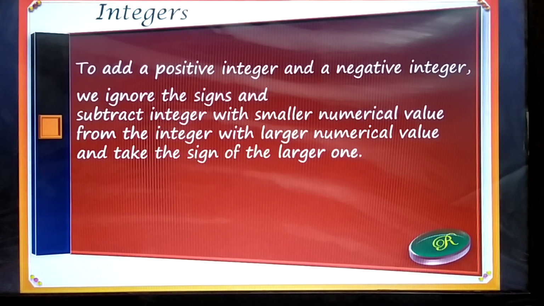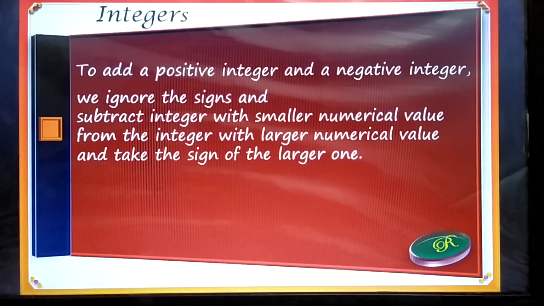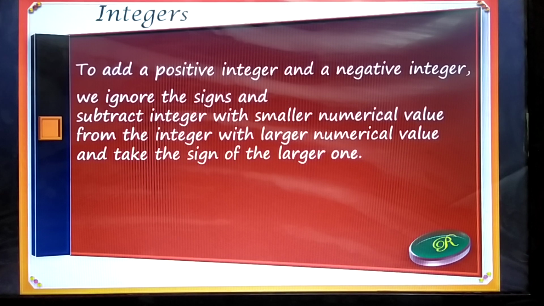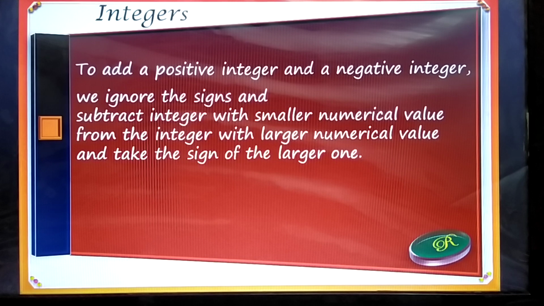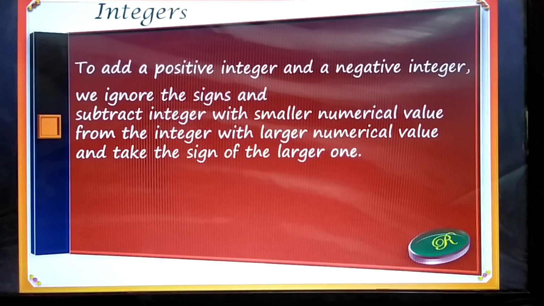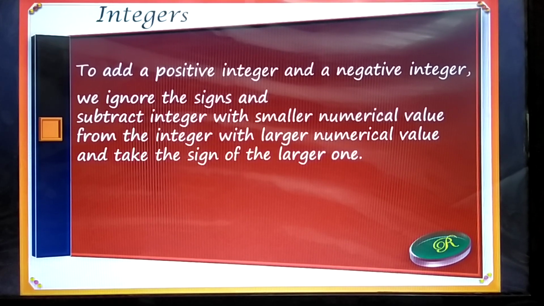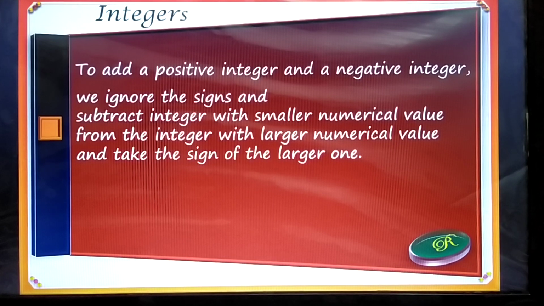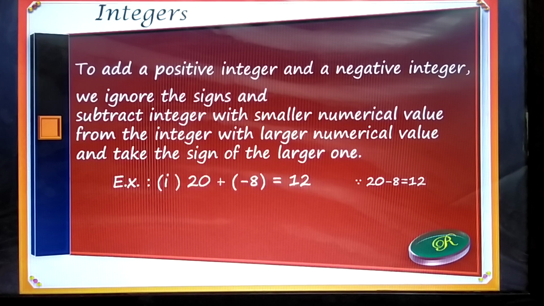To add a positive integer and a negative integer, we ignore the sign and subtract the integer with smaller numerical value from the integer with larger numerical value and take the sign of the larger one. For example, 20 plus minus 8 is equal to 12.